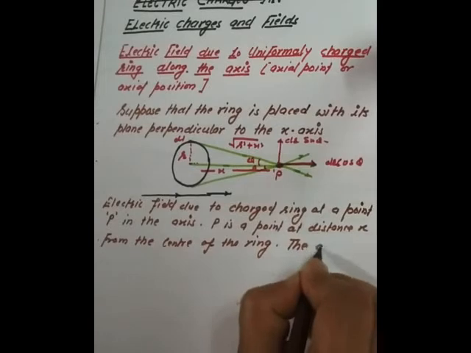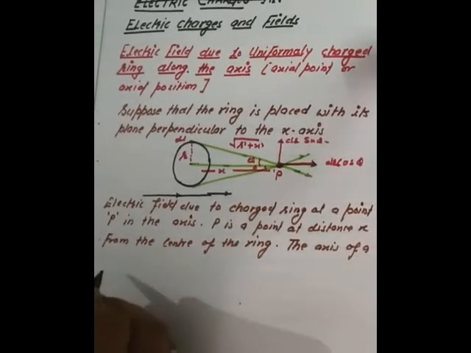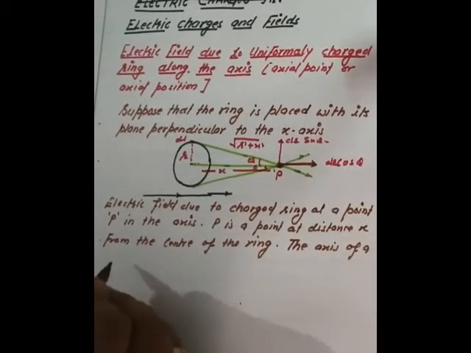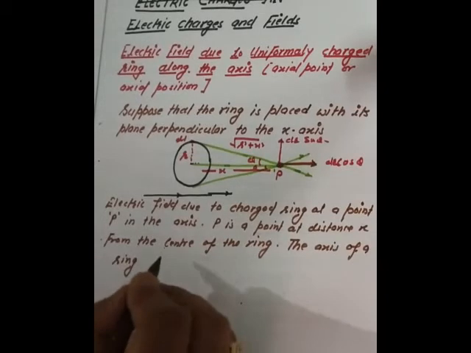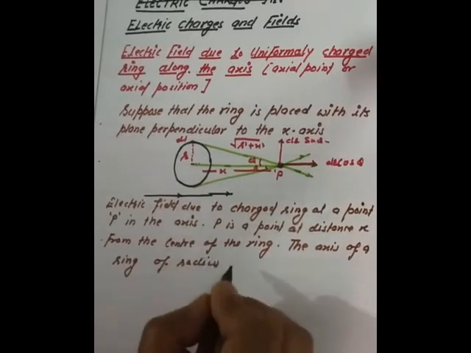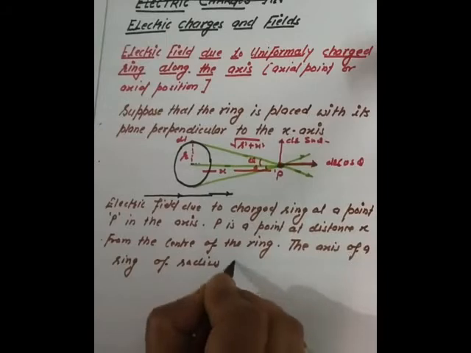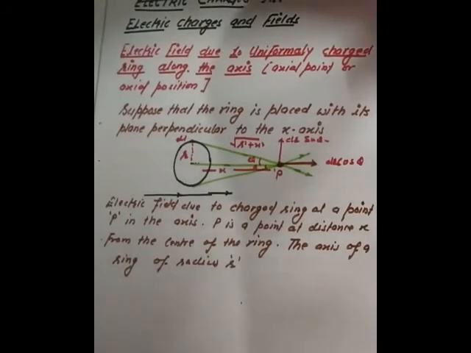The axis of a ring of radius r. What is the radius? That radius should be r.